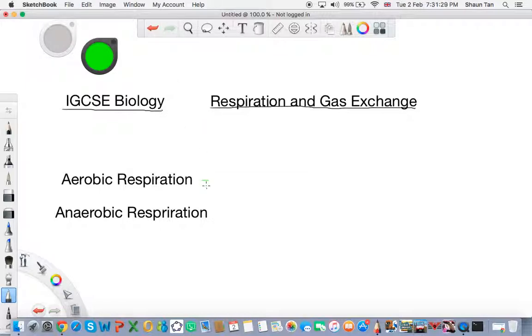So it means when you respire with oxygen.